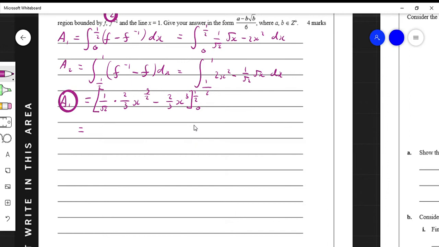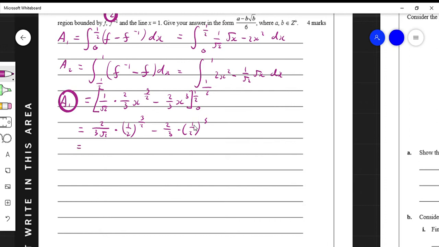The 0 is going to make everything 0, so we can just worry about the half point. This gives us 2 on 3 root 2, just because as one fraction it is a lot easier to work with, times 1/2 to the power of 3/2, minus 2/3 times 1/2 to the power of 3.